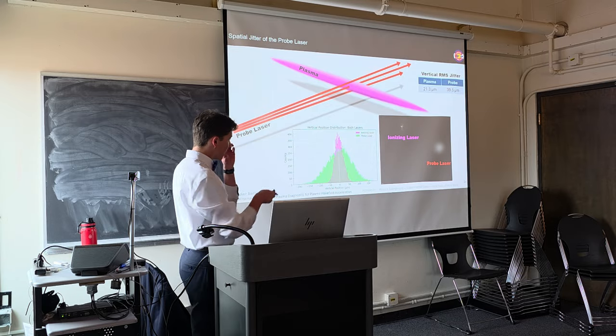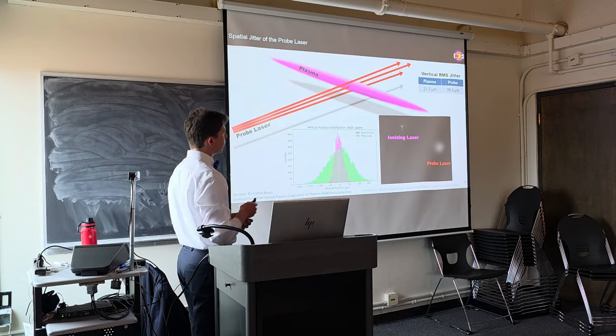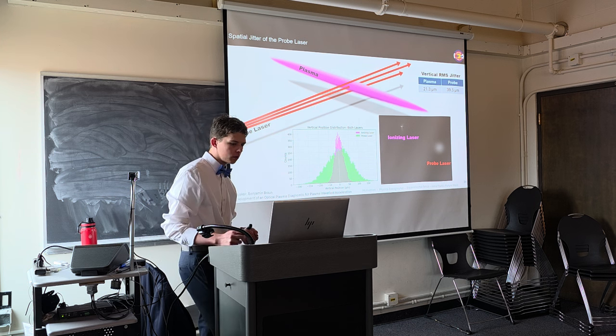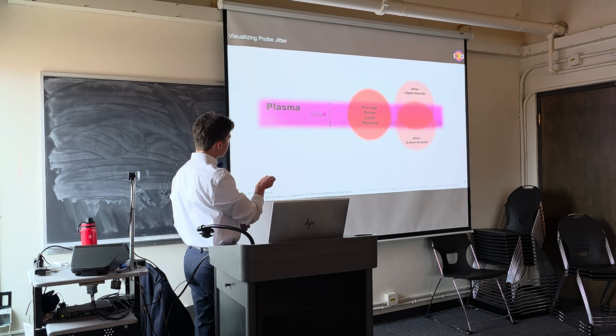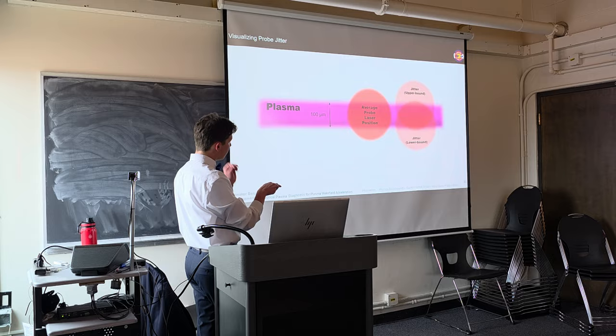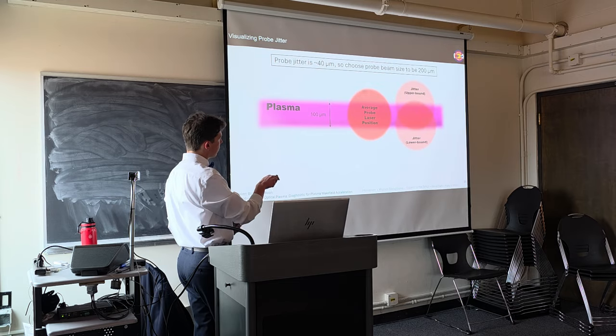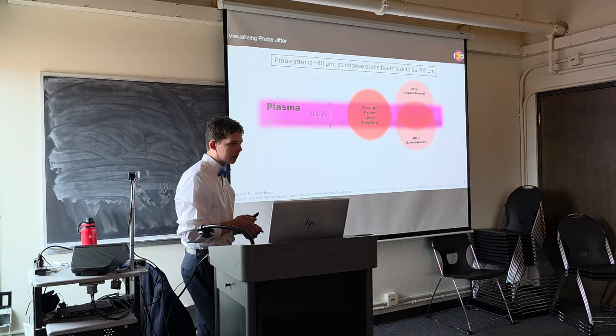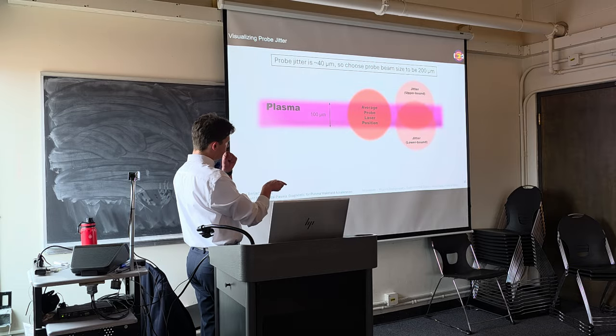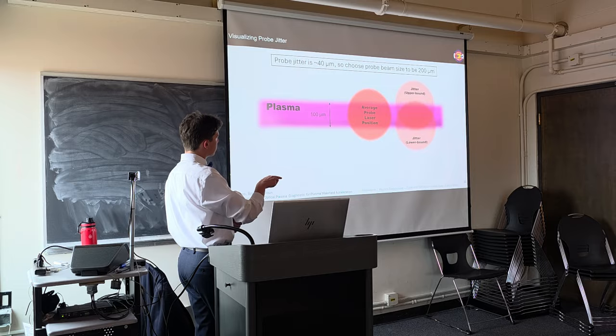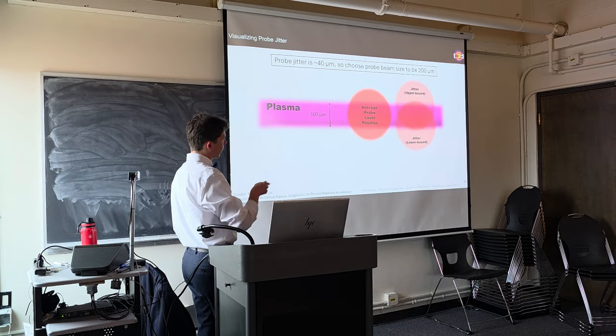Okay, so based on this, the 40 micron jitter allowed us to determine the size we want to make our probe laser. Since we know our plasma is about 100 microns thick, and our probe laser was jittering about 40 microns, we decided to make our probe laser about 200 microns. That ensures that if the probe laser goes straight through the center of the plasma, great, we catch the whole plasma.